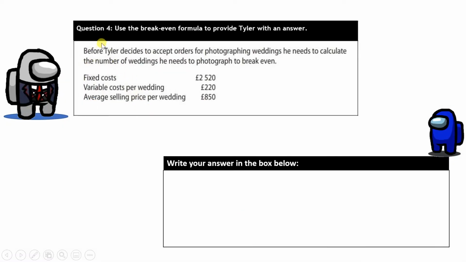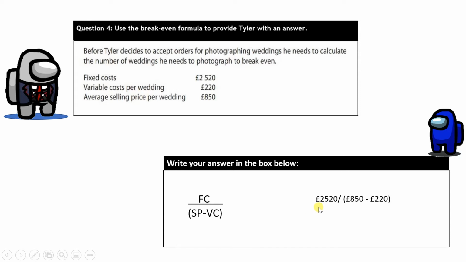Question 4. Tyler and the wedding photography business, and we need to find out how many weddings it is before he breaks even. First of all, let's have a look at the formula for break even just to remind ourselves. FC over SP minus VC.